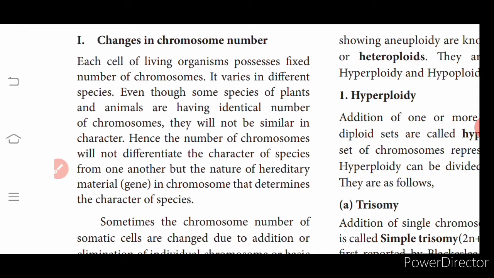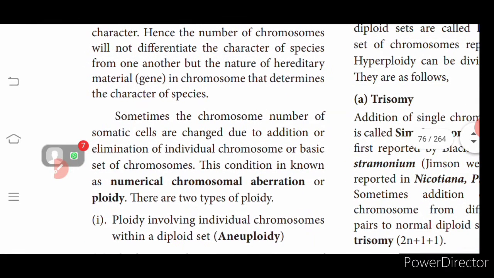Hence, the number of chromosomes does not differentiate the character of species from one another, but the nature of the genetic material does. So what is said here? Number of chromosomes does not determine our character. It is the genetic material that determines our character.